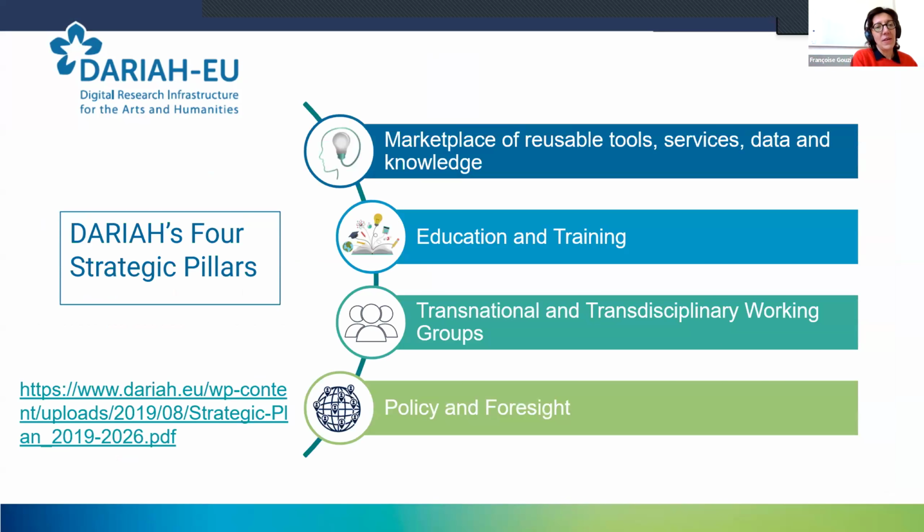DARIAH is organized with a strategic dimension, and DARIAH has 4 strategic pillars. The first one relates to the marketplace, tools and services. The second pillar is education and training with DARIAH Campus, that maybe you know.